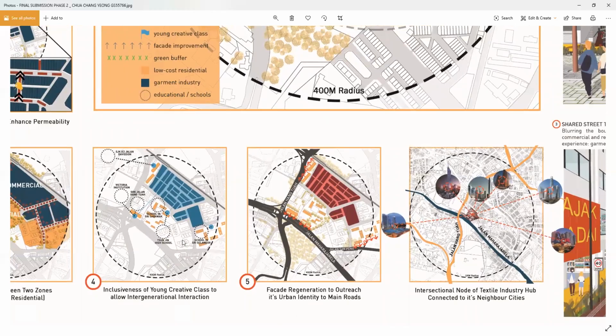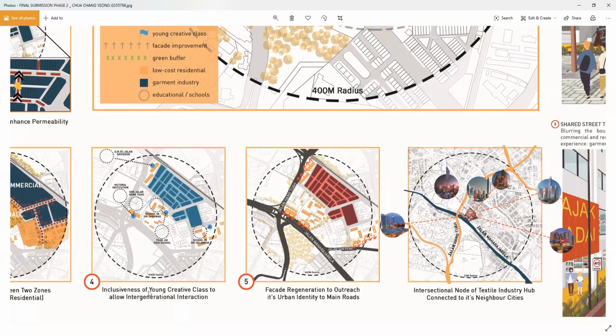Now the fourth one will be the inclusiveness of the young creative class to allow intergenerational interaction. We know that the ground floor of the flat is the commercial area. The people there run the cafe, kopitiam, barber shop, stationery shop, and so on. So could we have some program that actually relates to the garment industry?